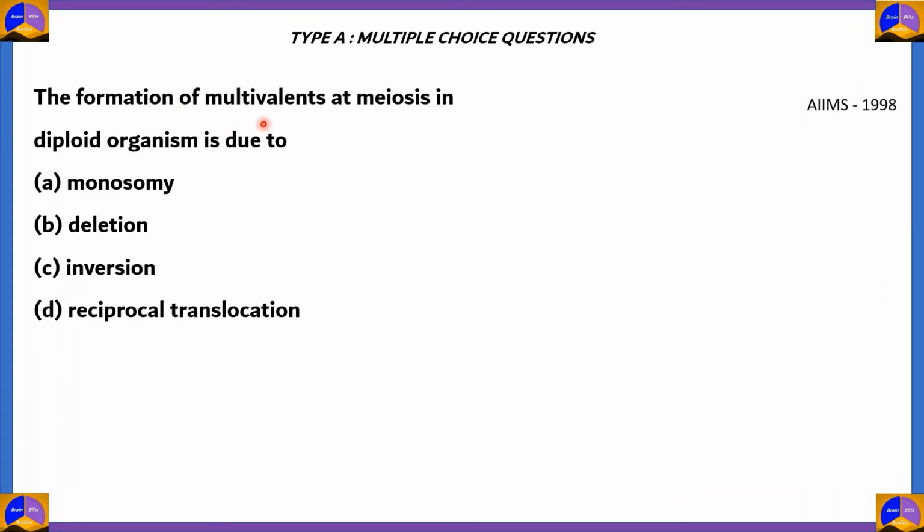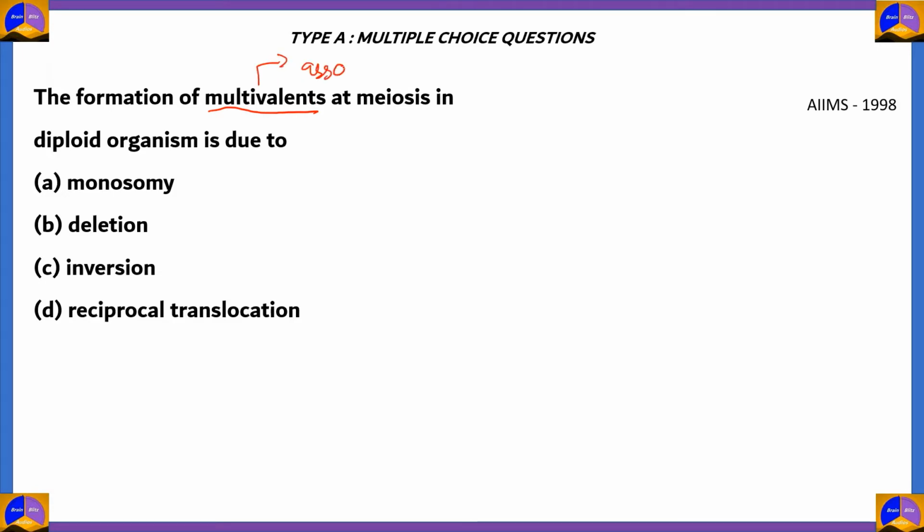The formation of multivalence at meiosis in diploid organism is due to A. Monosomy, B. Deletion, C. Inversion, and D. Reciprocal translocation. So the key to this question is understanding what multivalence are.